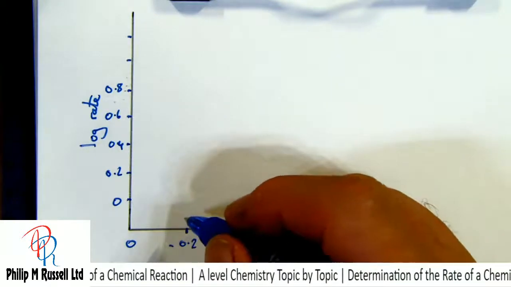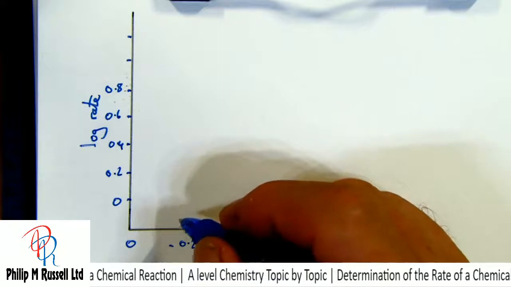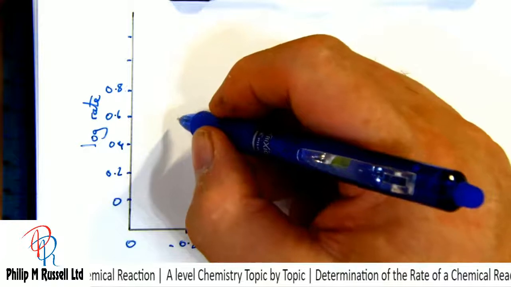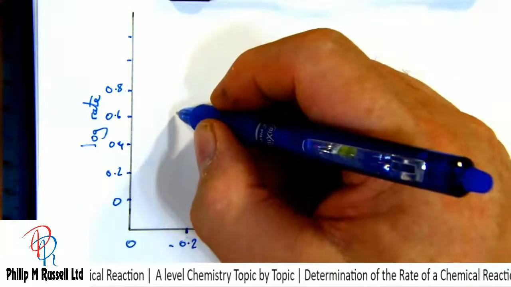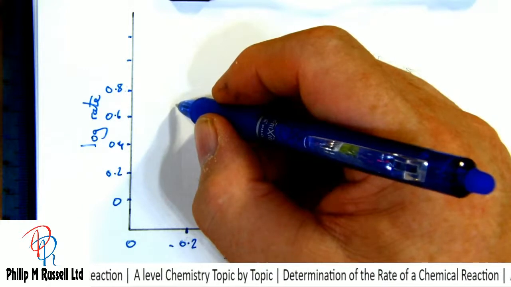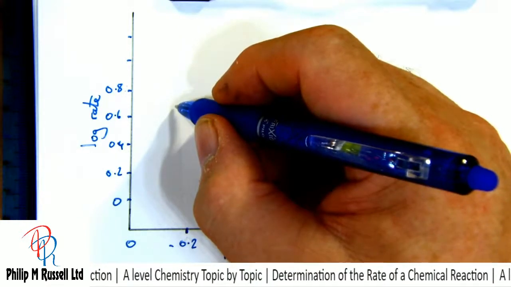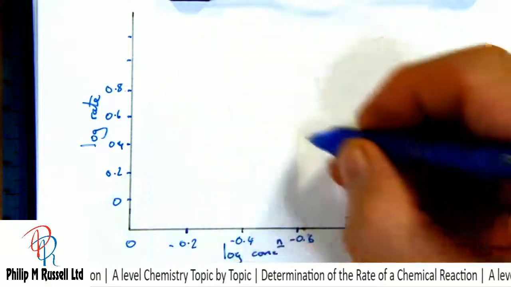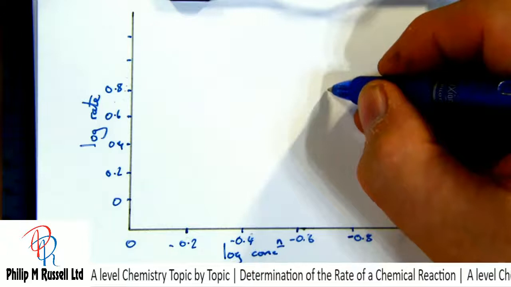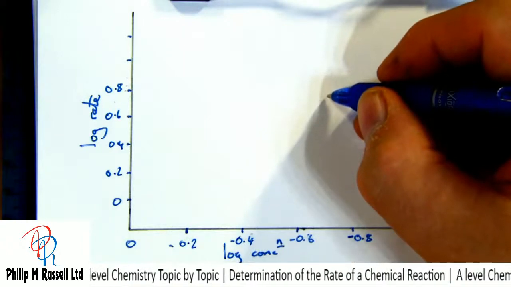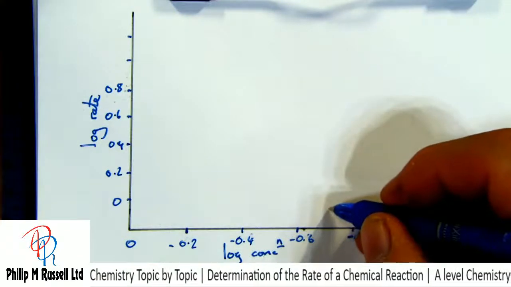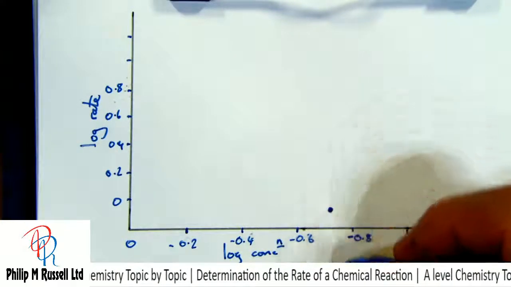So, taking my values, at minus 0.69, which is going to be about there, I've got a rate of about minus 0.3, so it's going to go there.